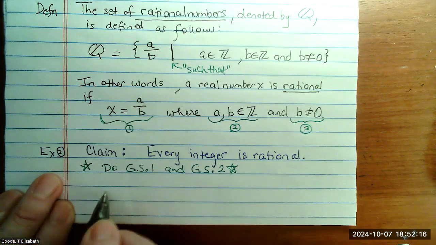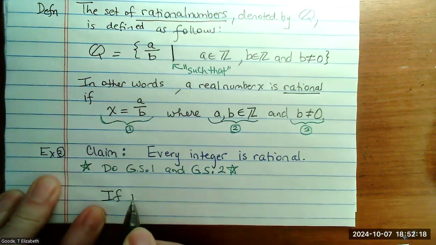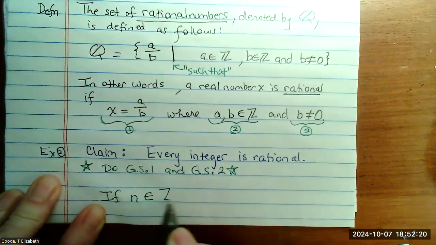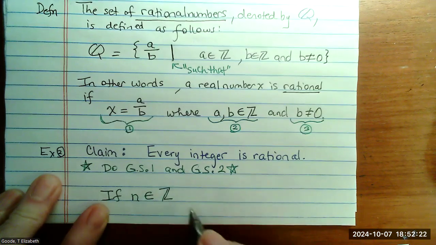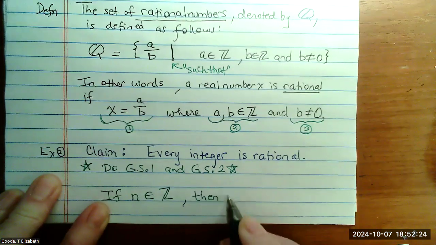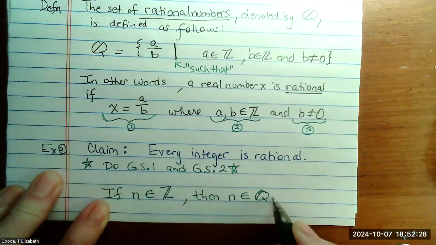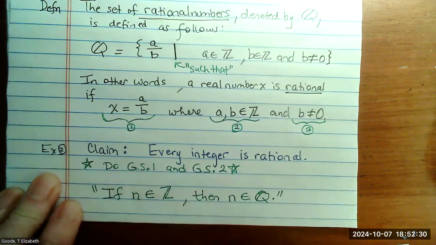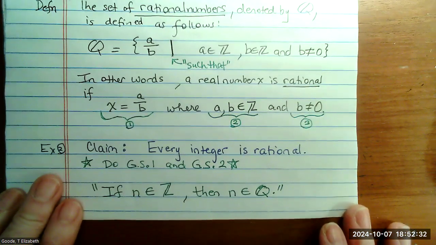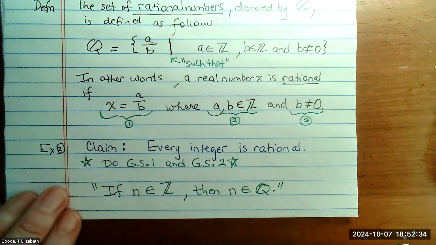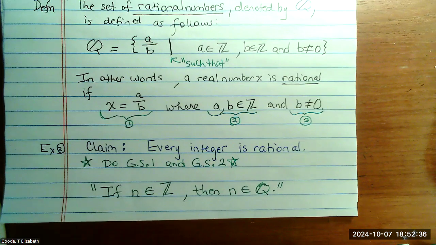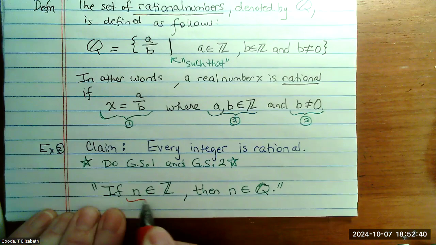How about this? If n is in Z, in other words, if n is an integer, then n is in Q. n is rational. So we've given a name to the integer. And now we know that if we're going to prove this claim, we have a hypothesis, which is super simple.